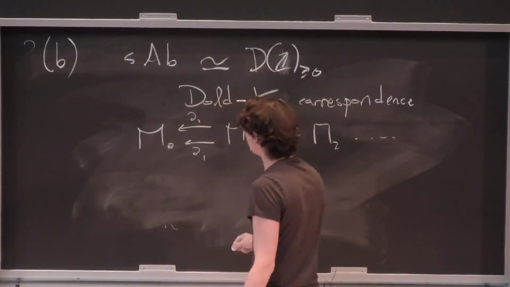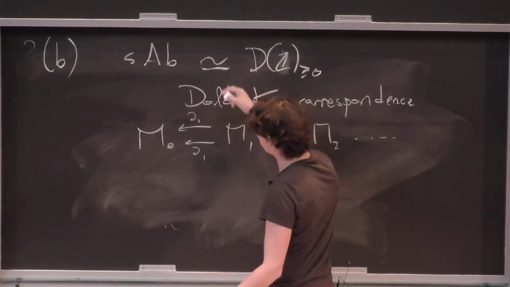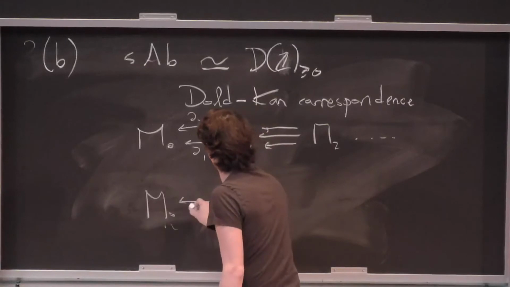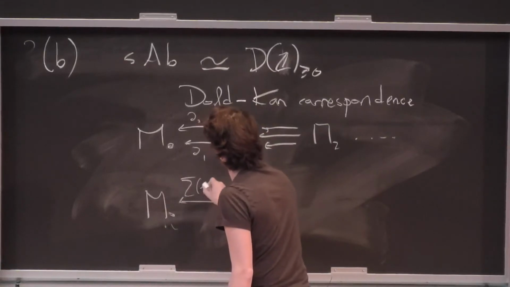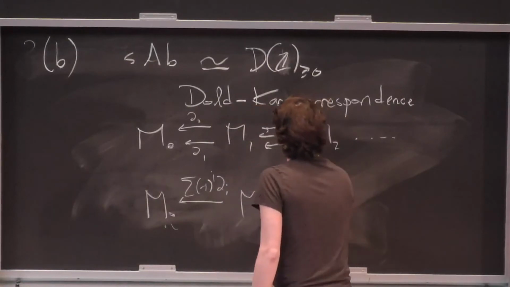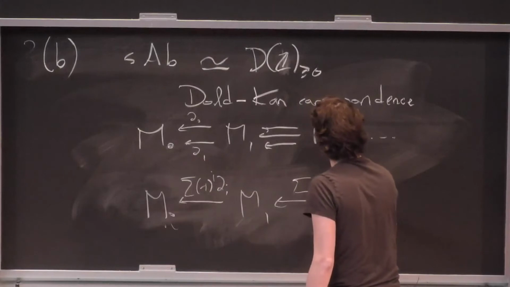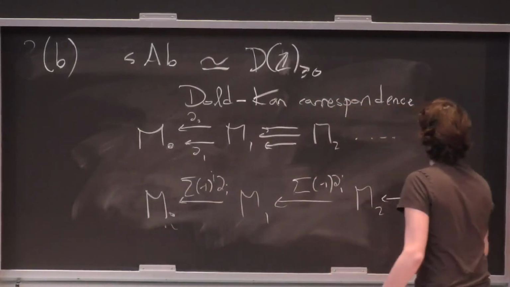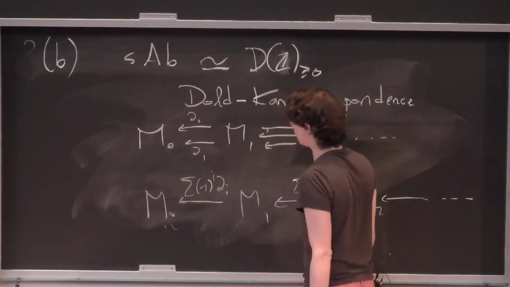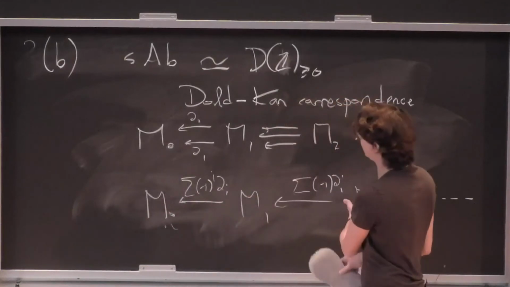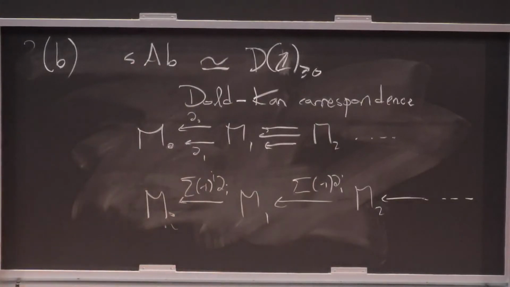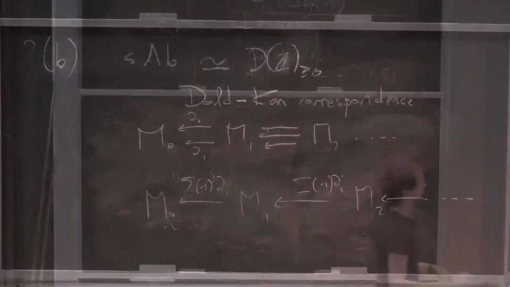And I'm going to construct a chain complex where in degree 0 I just have M0, but the differential is given by the alternating sum of the face maps. Okay, so these are the unnormalized chains, and the homology of this chain complex turns out to be the same as the homotopy groups of this simplicial abelian group when I just view it as a topological space.